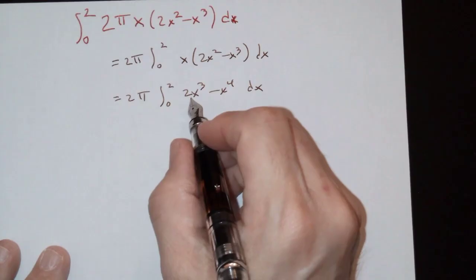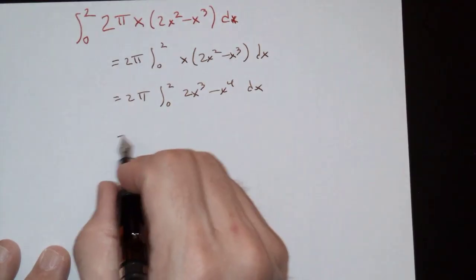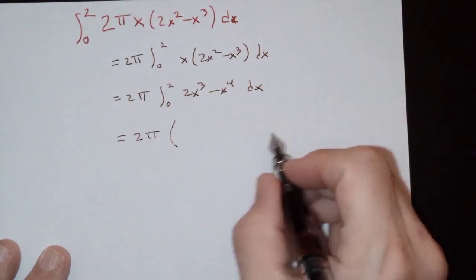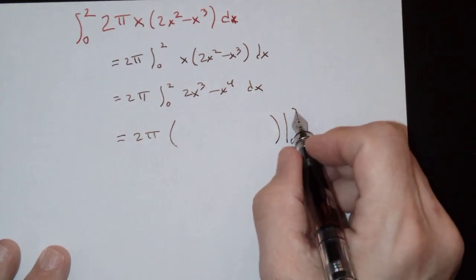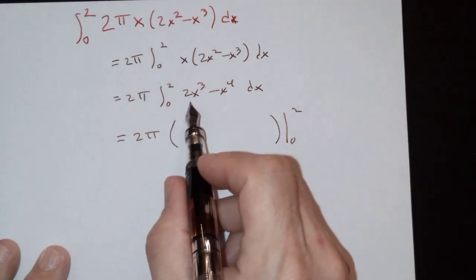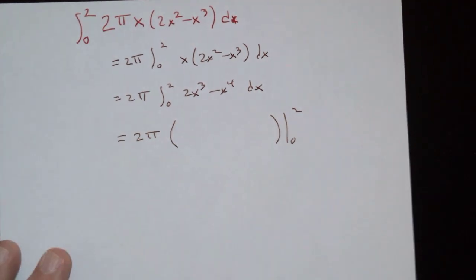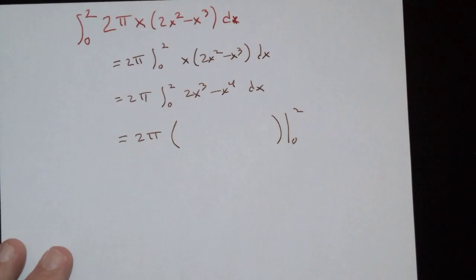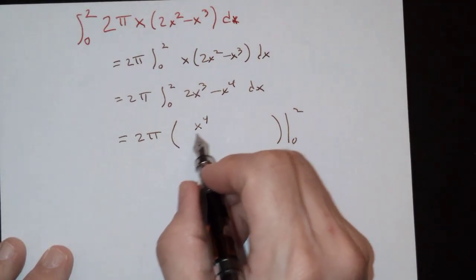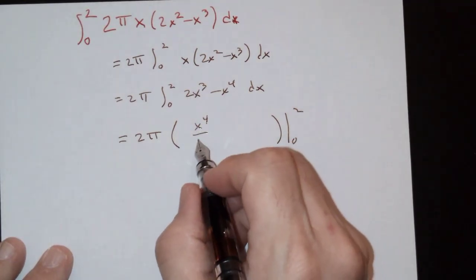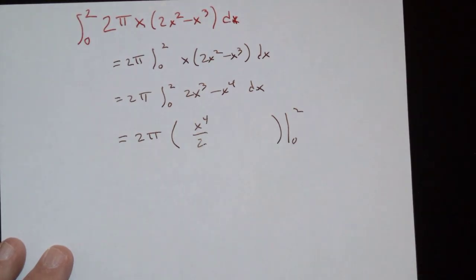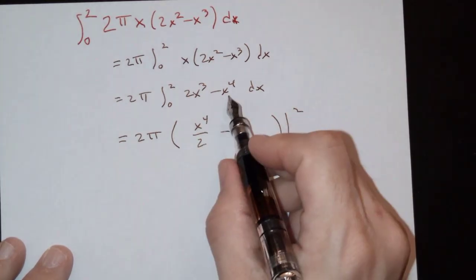The antiderivative of 2x cubed. Aha. It would be 2x to the fourth over 4. Simplify the fraction, I get x to the fourth over 2. What about this?